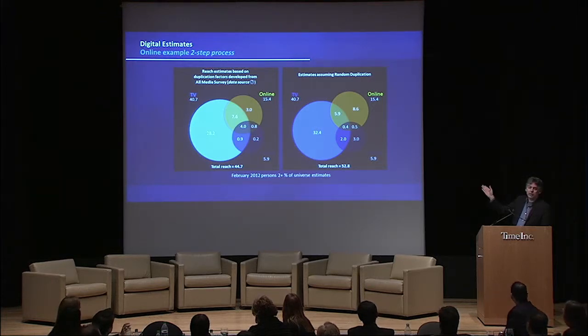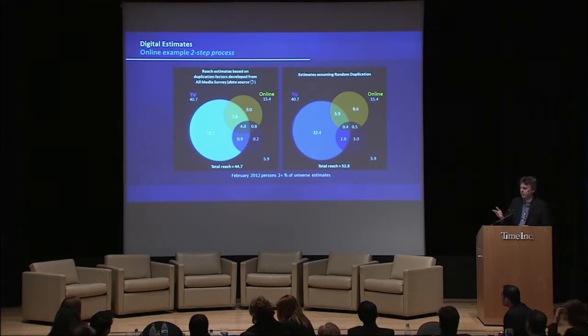But when we do this, we actually see it's less than that. It's about 45%. And that's because people who are into CNN are likely to use it across multiple devices, which ties in with what Artie has been saying and Alan as well. So that's the value of doing this, of course, is that we know life isn't just random duplication, that there are synergies across media.